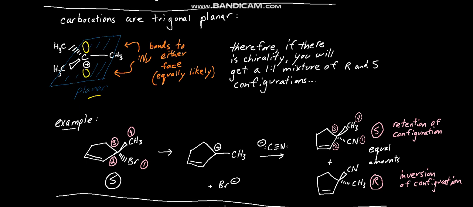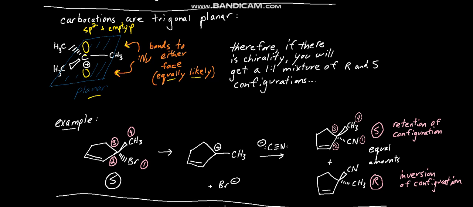So carbocations are actually sp2 hybridized with an empty p orbital. And so the nucleophile can come in and bond to either face, top face or bottom face of the molecule as we call it, with equal likelihood.